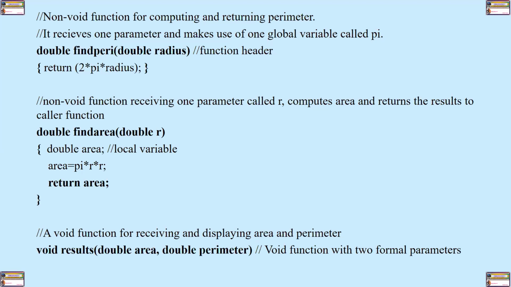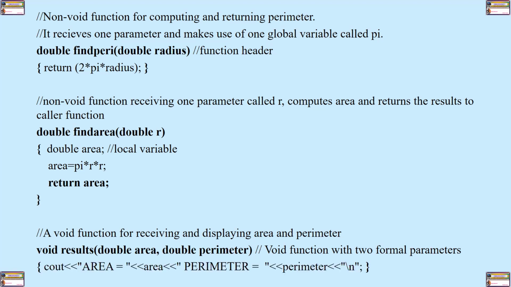Then we have this other function here. This function is receiving and displaying area and perimeter. So it is receiving the value of area and perimeter. It has two parameters, one, area, the other one, perimeter. And then what is it doing?